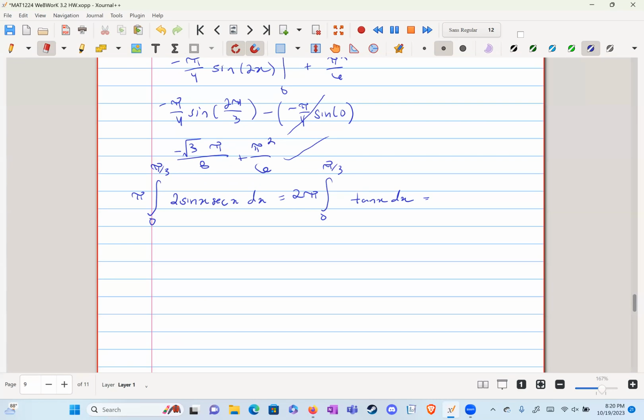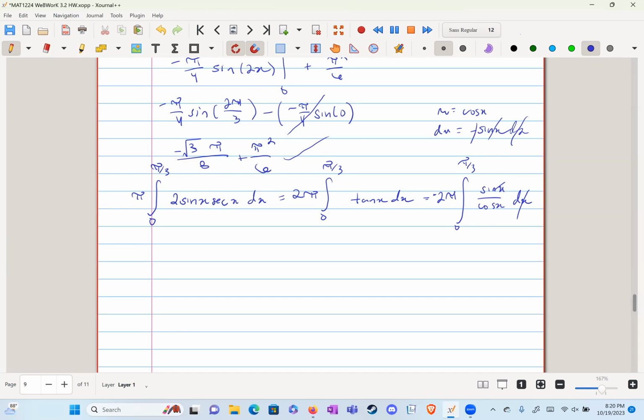Boom. So now we can write the integral as 2 pi, 0 to pi over 3, sine of x over cosine of x dx. Now we let u equal cosine of x, du is equal to negative sine of x dx. So we cancel the dx, and we've got a negative out front.